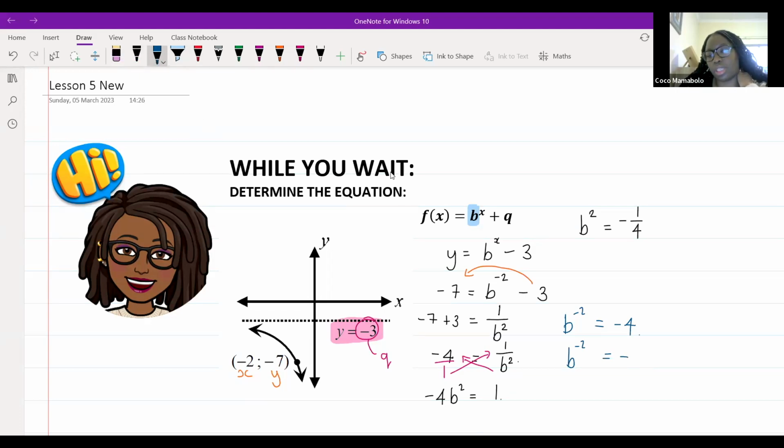Okay, so this becomes negative 2 squared, like that. Right. Okay, so 1 over b squared is equal to 2 squared over 1. All right.